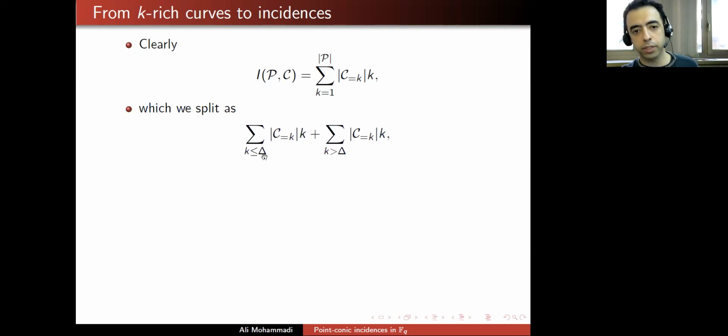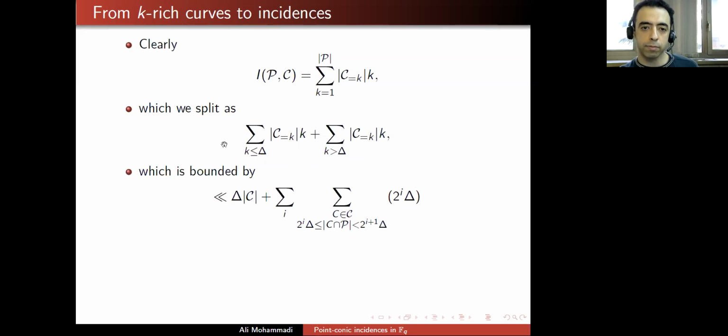You split it based on some parameter delta, with K less than delta and K larger than delta. Now, the first one is trivially bounded by delta, which is the maximum value of K, times the sum over these, which is just C, all of your curves. And this sum, you partition dyadically.